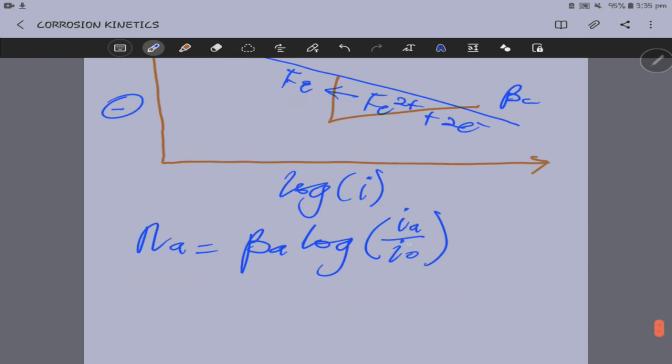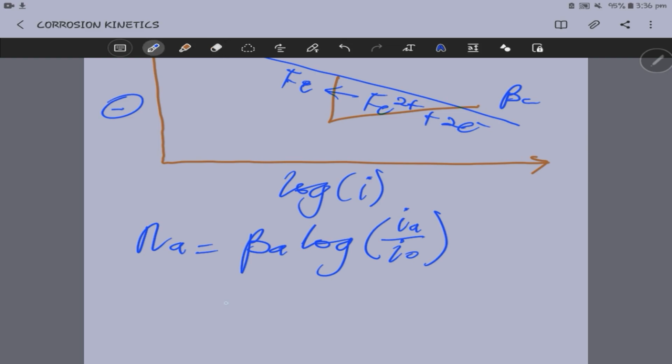Clearly, if it's at equilibrium, the overpotential is zero, because these two are the same, so the ratio is 1, log of 1 is 0, and the overpotential tends to 0. But here there's no equilibrium, so we have a value for this.